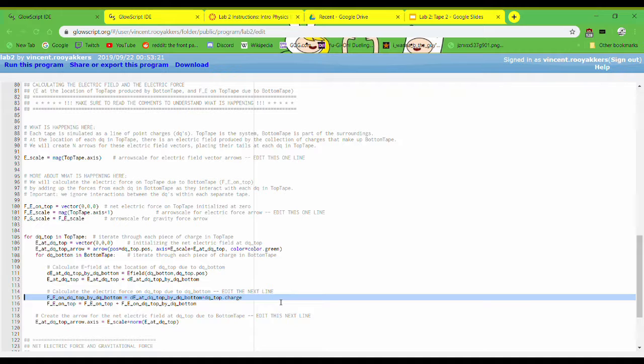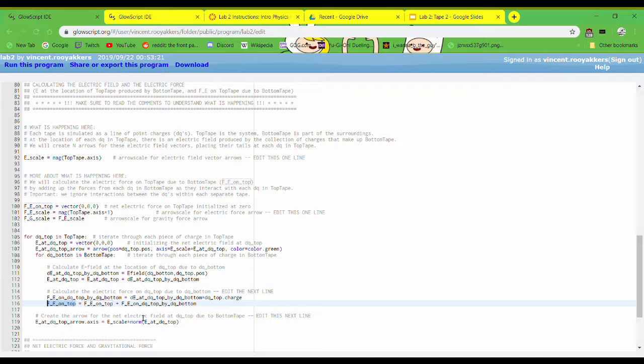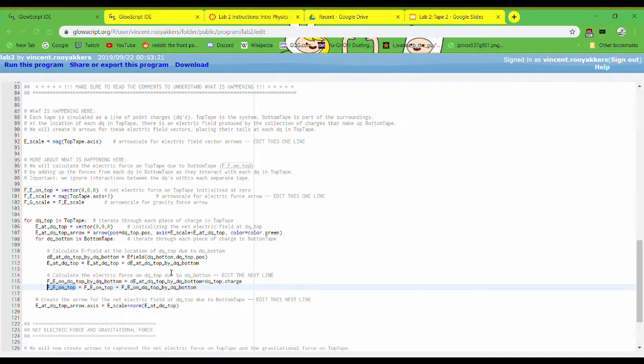Again, we know that it's going to be the electrical field of the piece times the charge of the piece that wasn't already part of the electrical field, and that gives you the overall electrical force. And then we just add this together to get the total electrical force acting on the top tape.